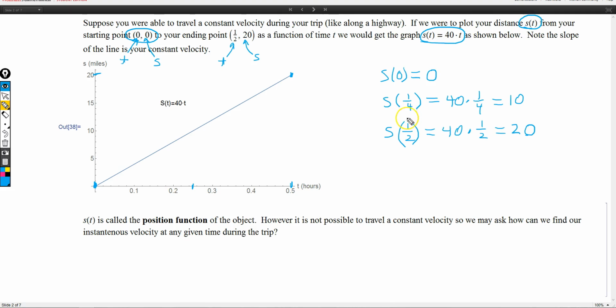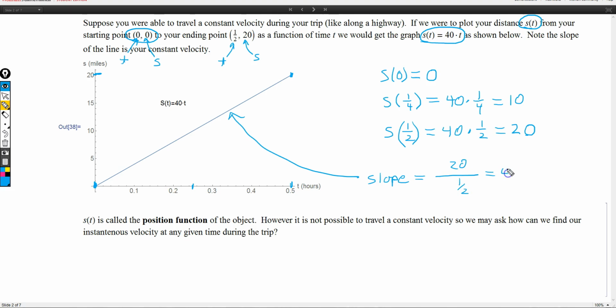All right. Now also notice something else that's very important here. The slope of this line, which of course is your rise over run, well, the rise here is 20, right? 20 miles right there on the y-axis. And the run is 1/2.